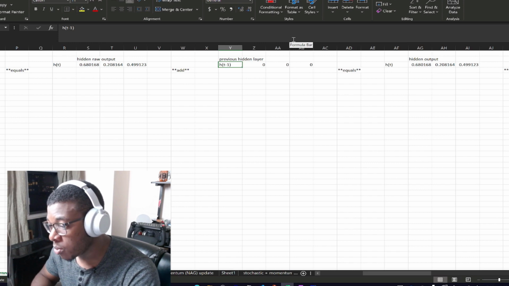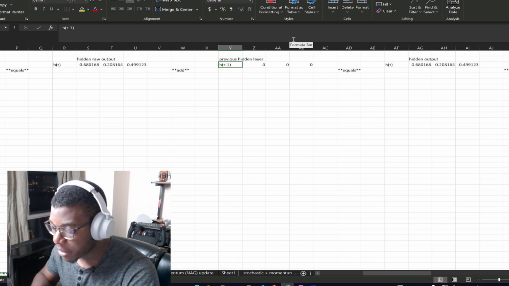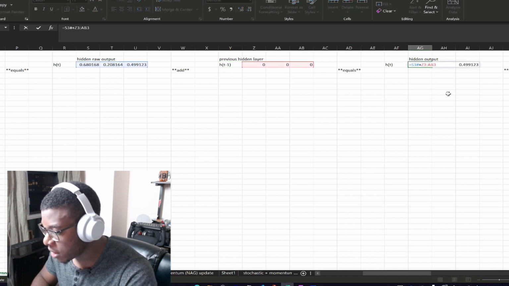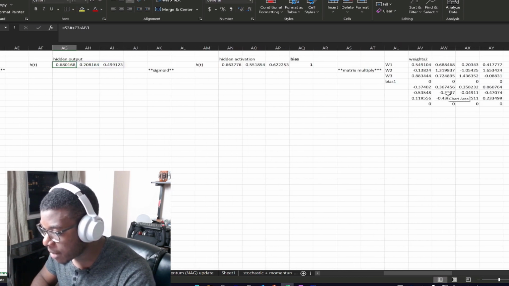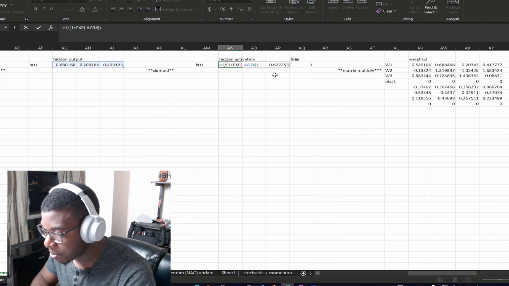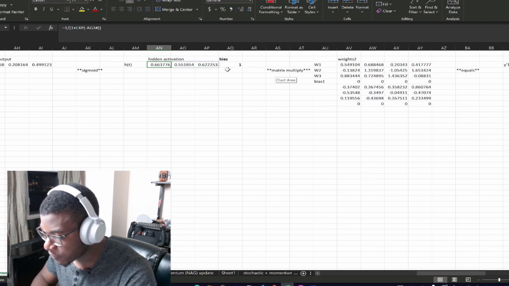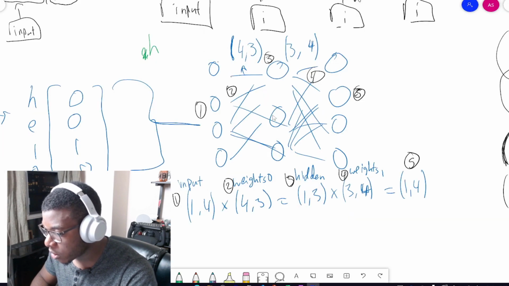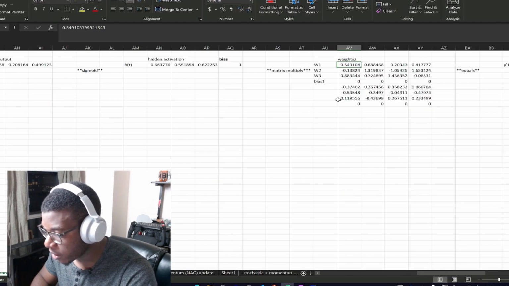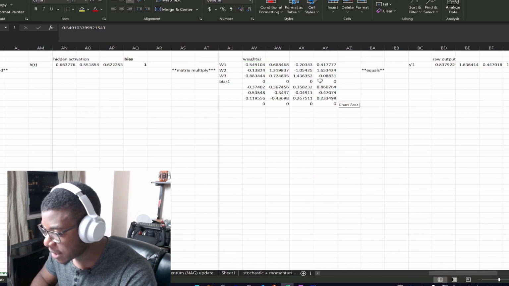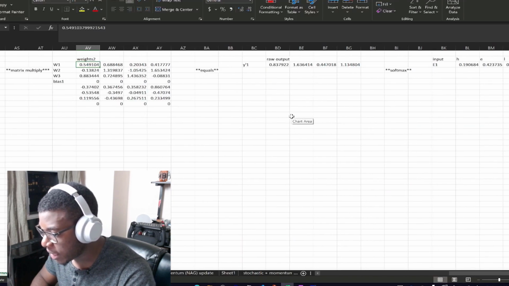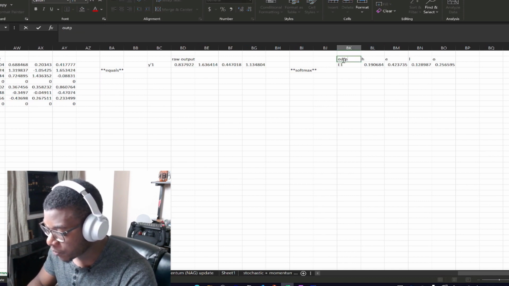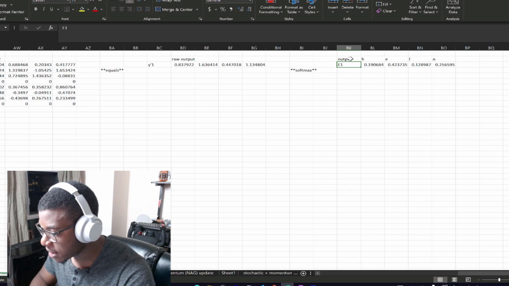So we add the output from the previous layer, that's already passed through an activation function, to here, and we get the current time step's output, and then we pass it through an activation function. Then we want to go from the hidden layer to the final output. So we multiply it by the synapses that connect that, and we get our raw output, and then we put it through a softmax, and we get our final output.